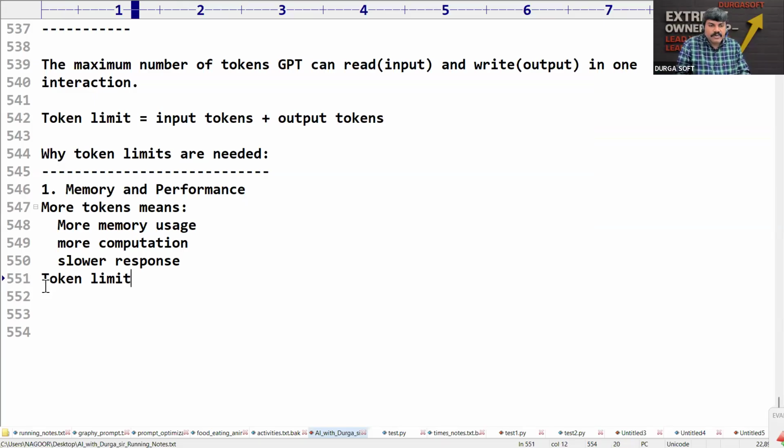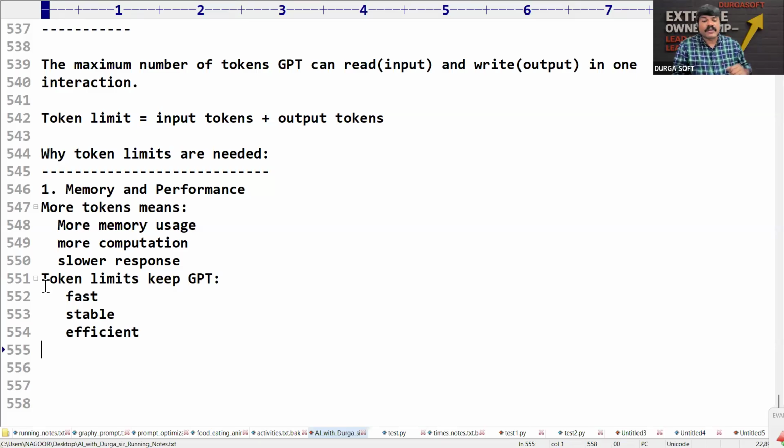Observe, one reason is memory and performance. Take very special care. Next, the second reason: context window size. GPT has a context window.